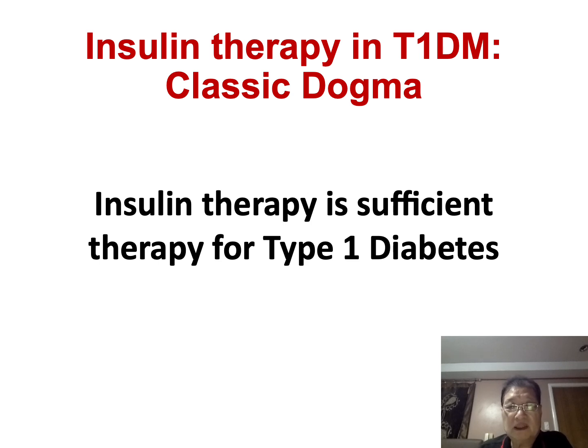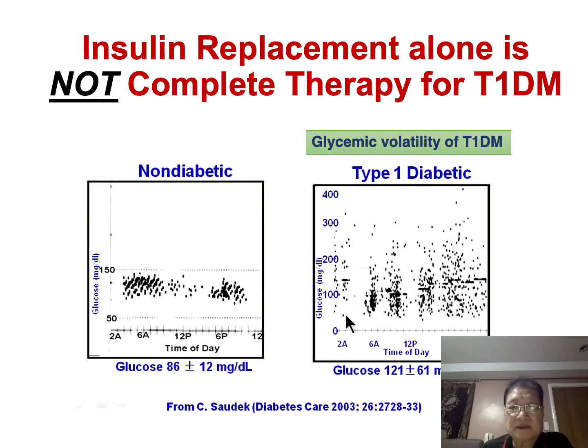Now, when it comes to treatment of type 1 DM with insulin, the existing dogma is that insulin therapy is sufficient therapy for type 1 DM. We have had insulin monotherapy for almost 100 years since the discovery of insulin.